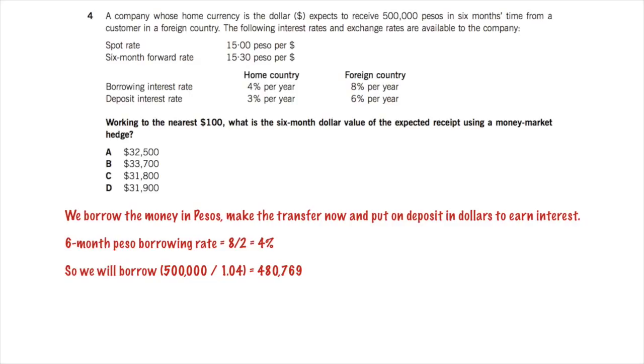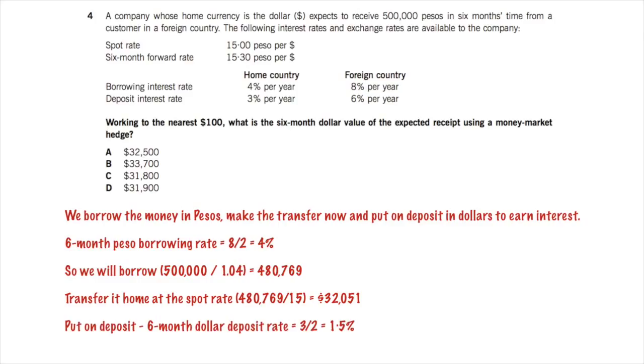So we borrow 480, we have 4% interest on it, so we owe 500 at the end. We transfer that home now at the spot rate, which is 15, which means we transfer home $32,000, and then we put it on deposit at the dollar rate, and that's 1.5% for the 6 months.